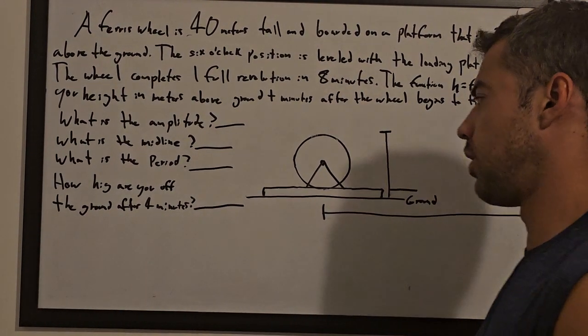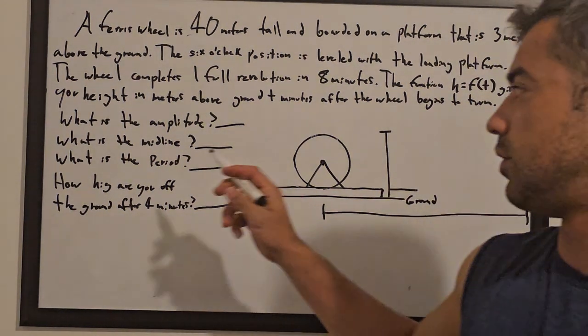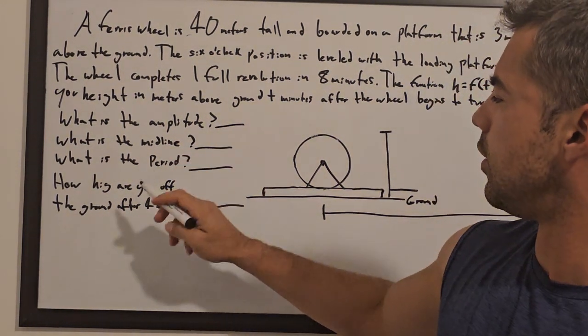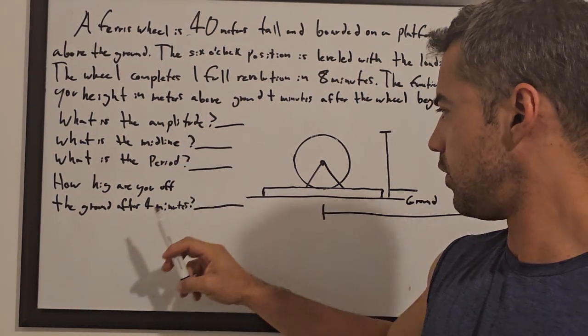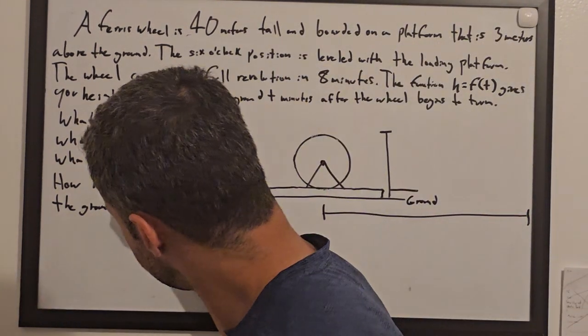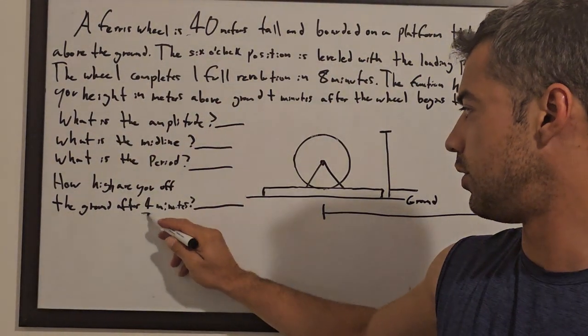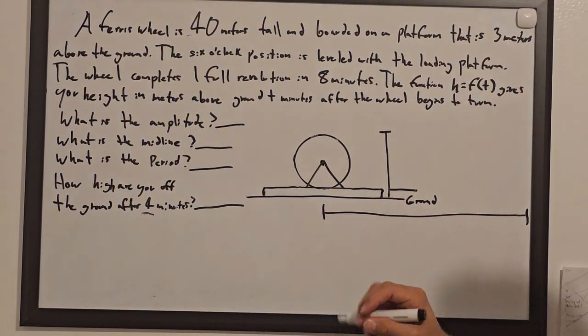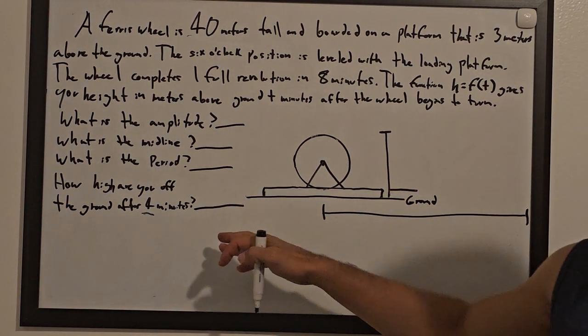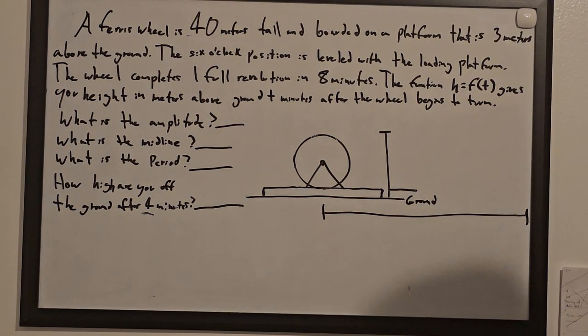In this problem, we are asked to find the amplitude, midline, period, and how high you are off the ground after 4 minutes. Okay, so we're going to find this based off the following information.